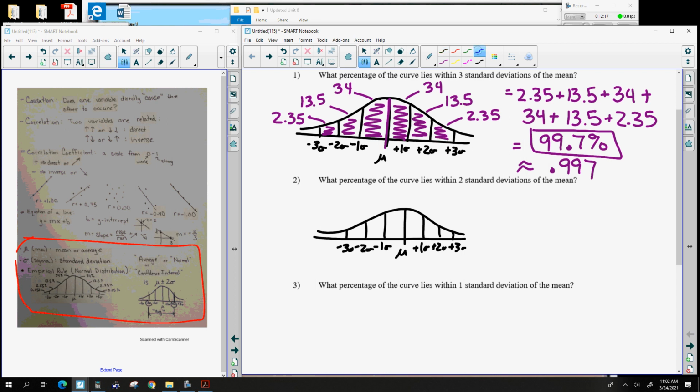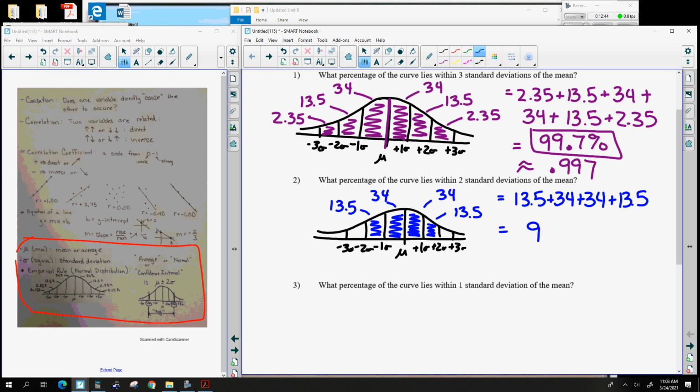If our average is in the middle, we want to go within 2, so 2 up to 2 down. The percentages that apply are 13.5, 34, 34, and 13.5. And that comes out to be 95%.